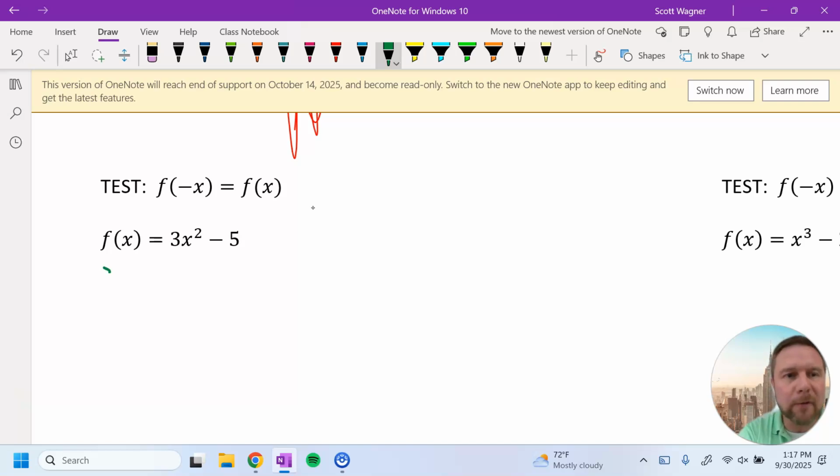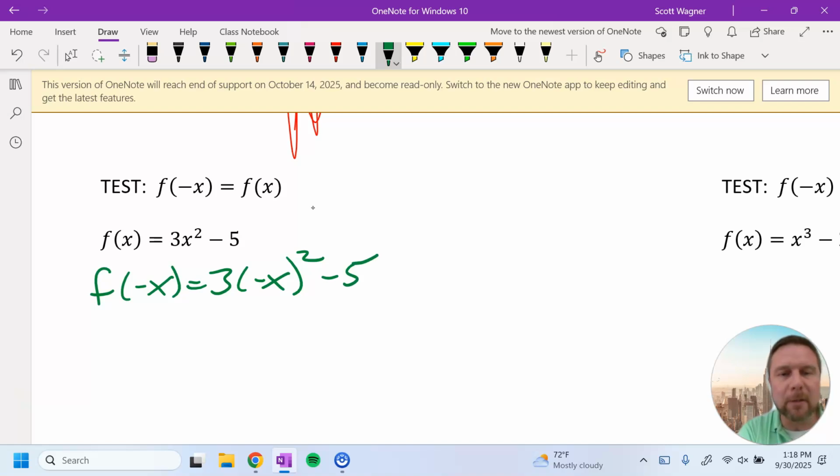If I'm going to try to figure out what f of the opposite of x is, throw in a negative x for x. So I reproduce 3 just like so. x squared is going to be a negative x, and I'm going to copy through that squared, and then minus a 5 is a minus a 5. All right, let's clean it up ever so slightly here. 3 times a negative x squared.